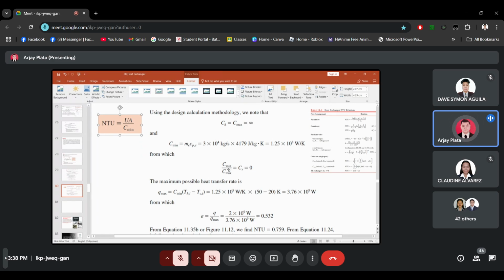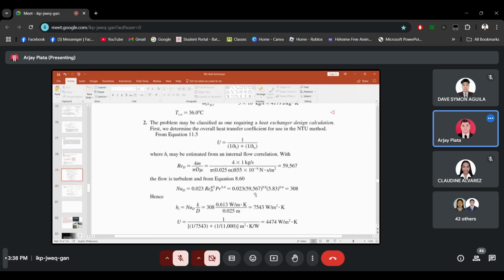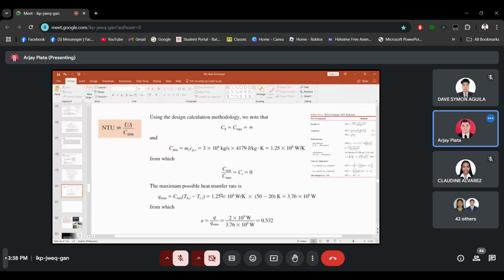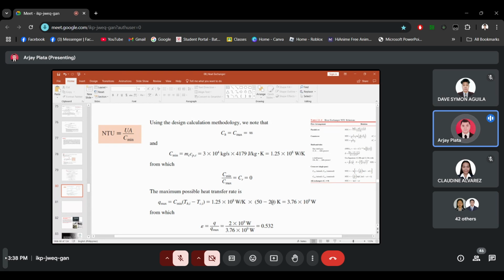The maximum possible heat transfer rate is Qmax equals Cmin times Thi minus Tci. From the graph, Thi is 50 and Tci is 20. So 50 minus 20 gives 3.76 times 10 to the 9 watts.